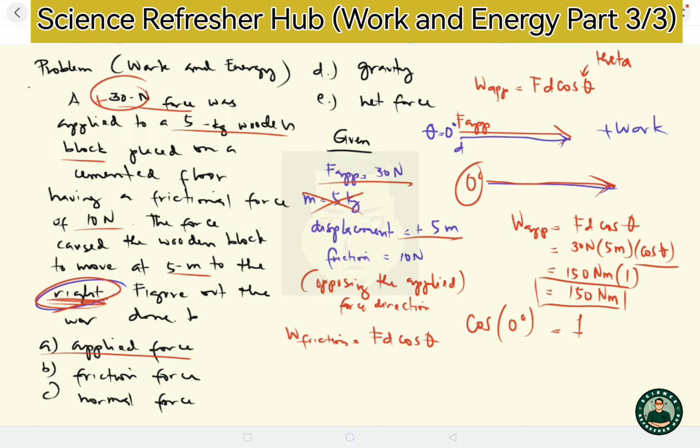Friction opposes the applied force, so if the applied force is going to the right, the friction is moving opposite to that, slowing down the object. So our friction will be in that direction.